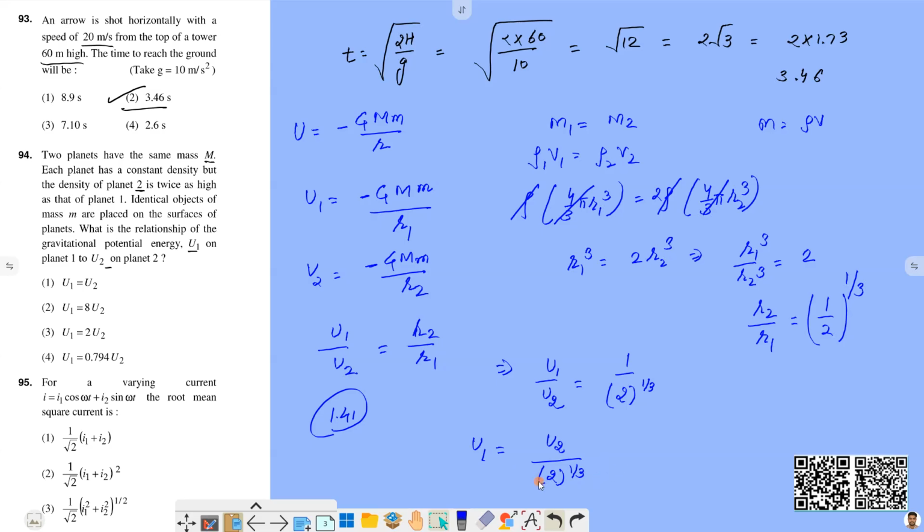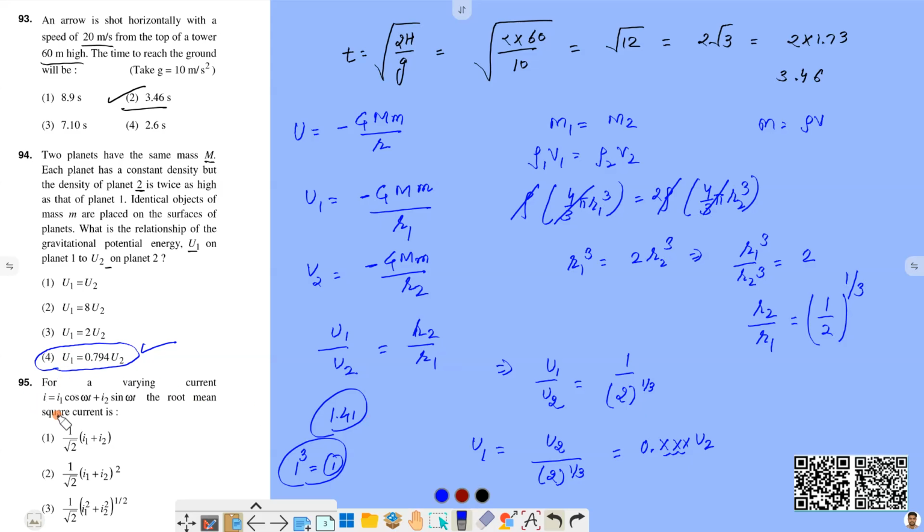Now we don't directly know the value of cube root of 2, but we are sure that if we take cube of 1, then it is 1. So this value will be greater than 1, and if our denominator is greater than 1, then this whole value will be smaller than 1. So our answer will be something like 0.xxx of U2, where these three will be some numbers. And if we match, then only this option 4 is going to match with our result.